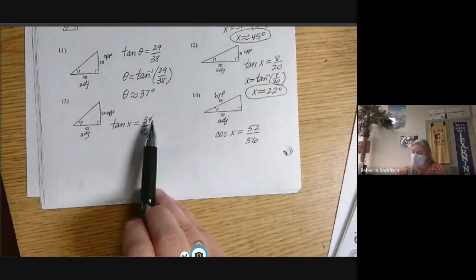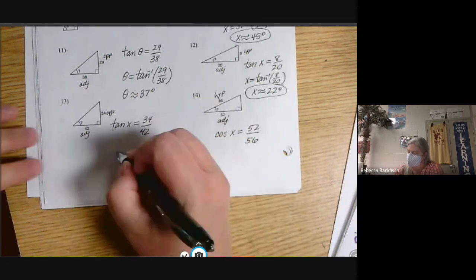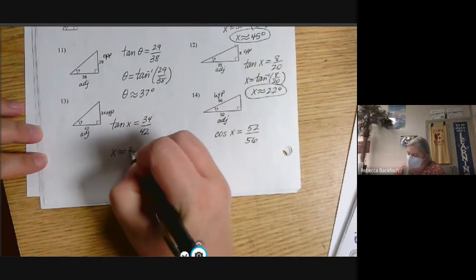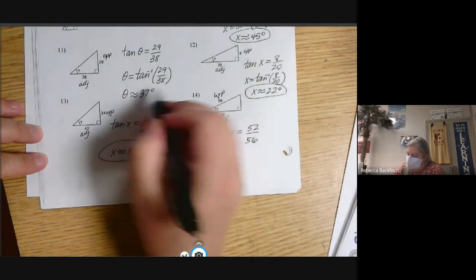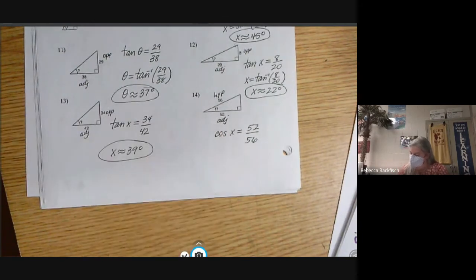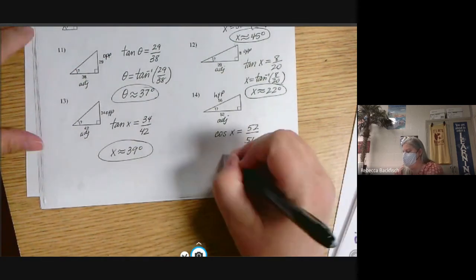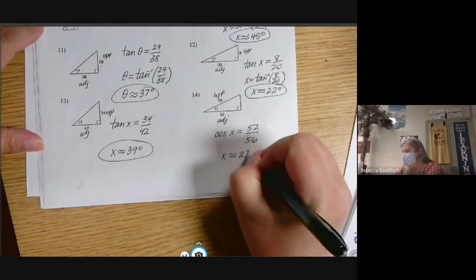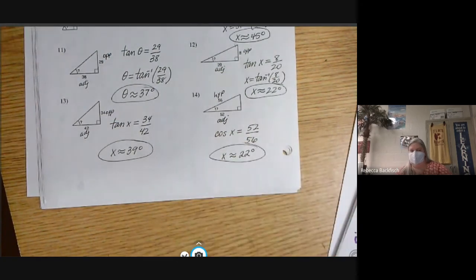I'm going to do inverse tan of 34 over 42, and I get 39 degrees. Good job. All right. How about Samira, what did you get for 14? 22 degrees is exactly right. It's like 21.7, and if we're going to the nearest whole degree, that's 22. Questions on any of those?